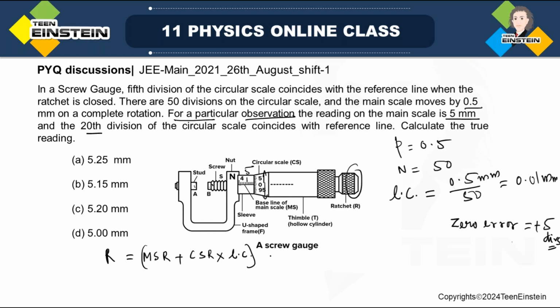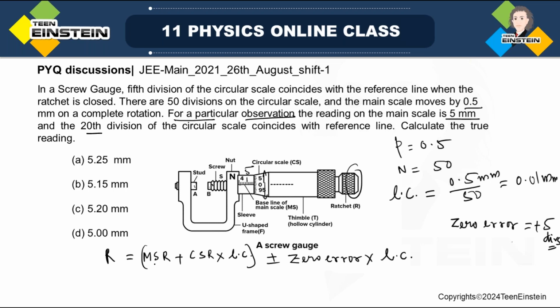Along with that there will be either plus or minus zero error into the least count. So this is actually the total reading.